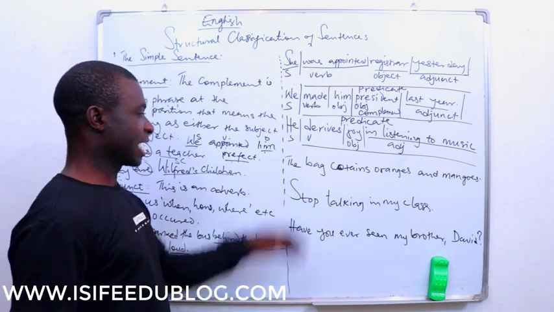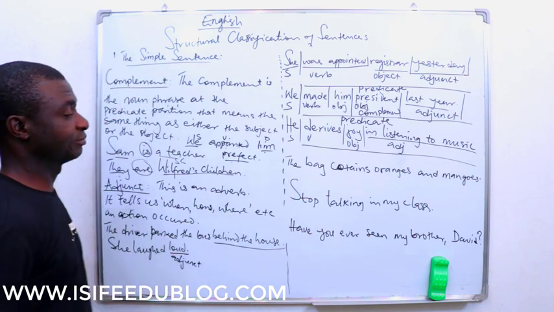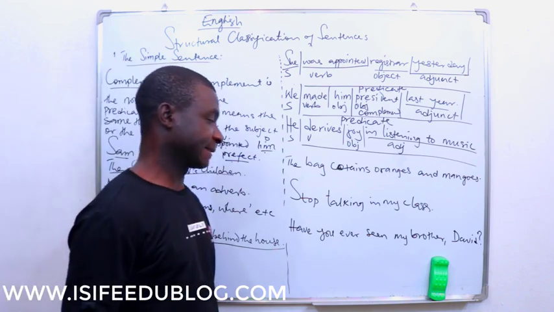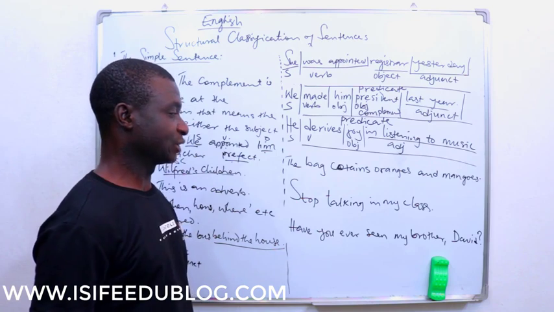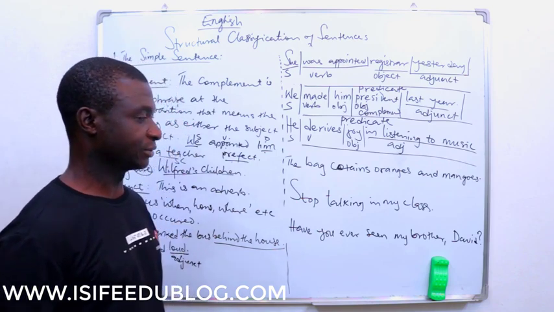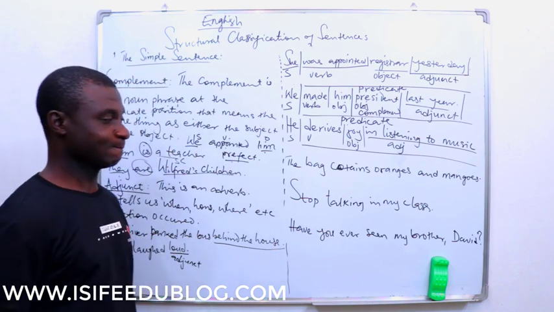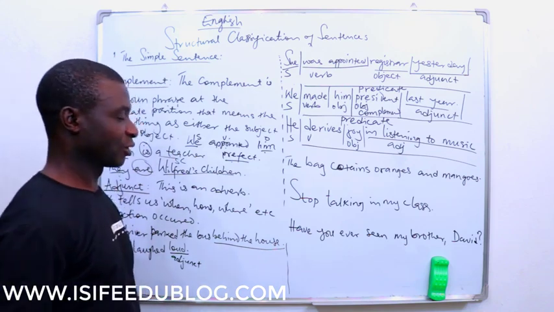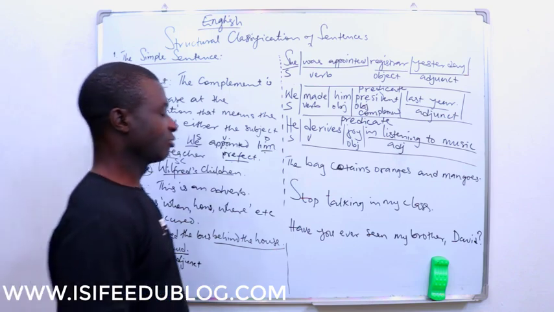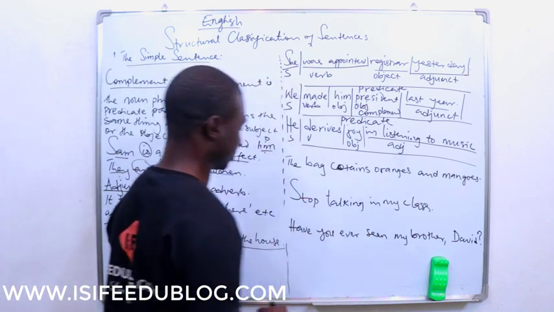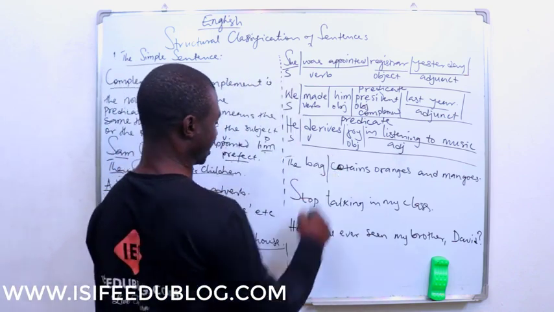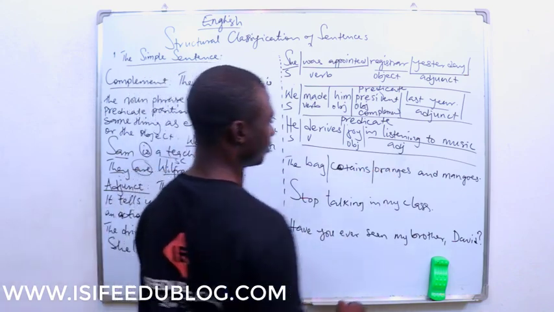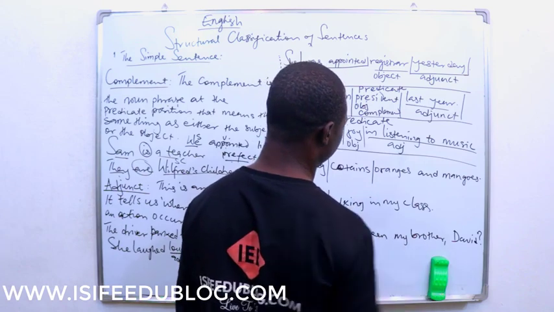Now, look at this and do your own analysis of the simple sentence. The bag contains oranges and mangoes. Okay, I believe you now have in mind what we are talking about. The bag, subject, contains, verb, oranges and mangoes, object.